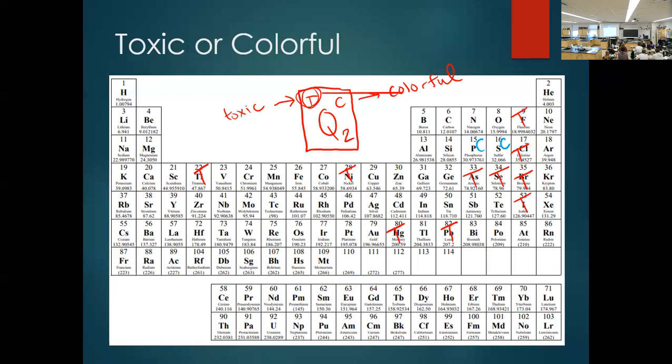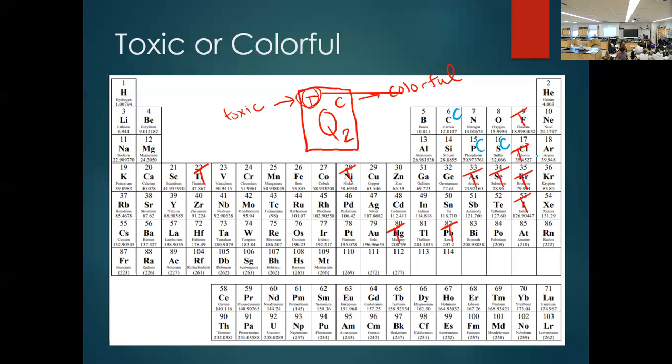It's been a long day. Phosphorus is going to typically be red. What's on the end of your matchsticks? Phosphorus. Yeah, and it's red. Carbon is going to be colorful. Carbon's black. Is it gray? No. So carbon is colorful.